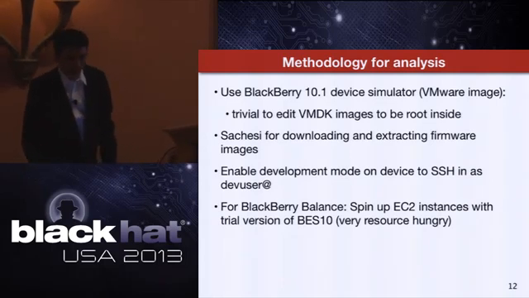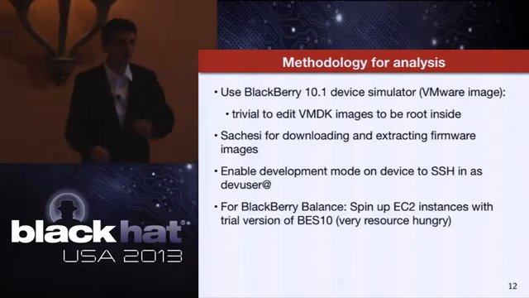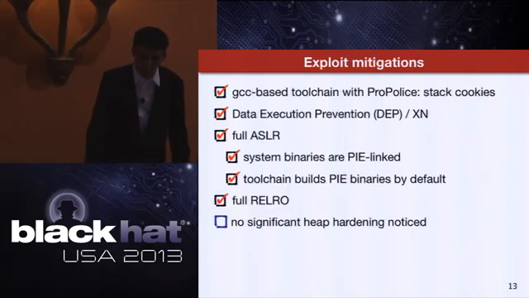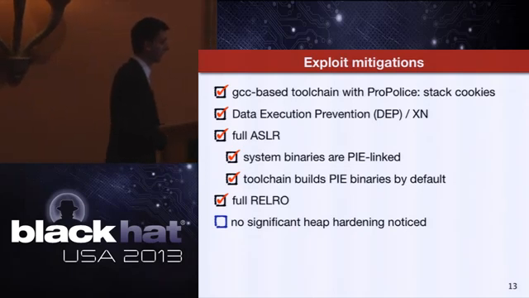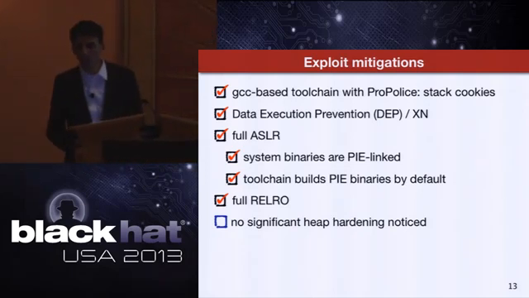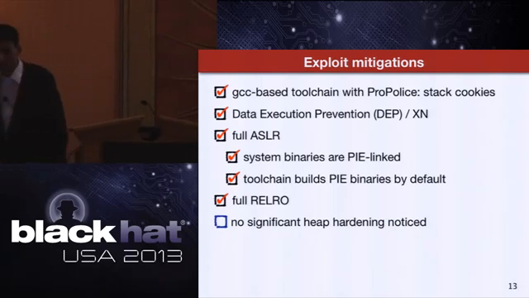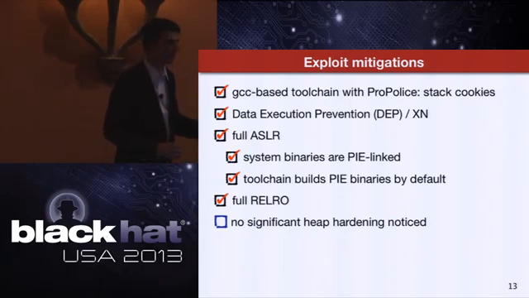Okay, so after I had done that, the next step, because I really care about memory corruptions, I had a look at the exploit mitigations on the platform. And they're actually quite good, except for one thing. So they have a toolchain with protections built in. They use data execution prevention, so the XN bit on ARM.